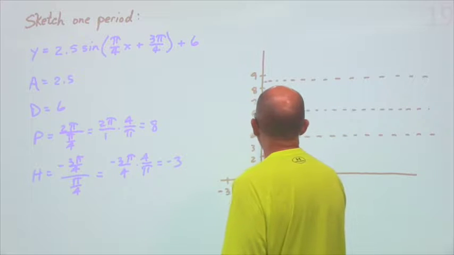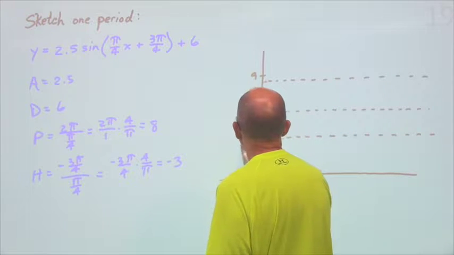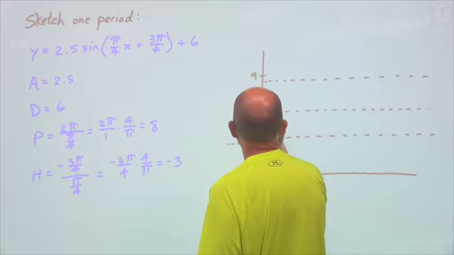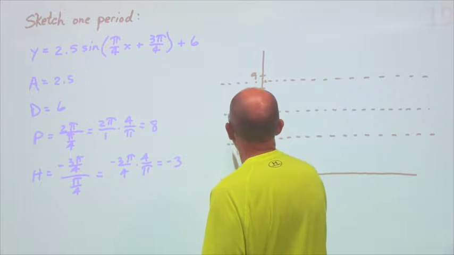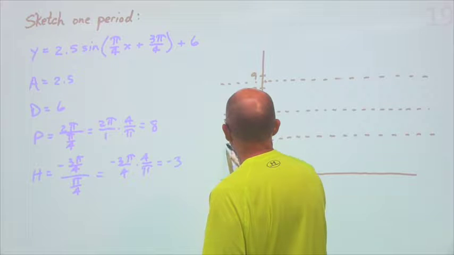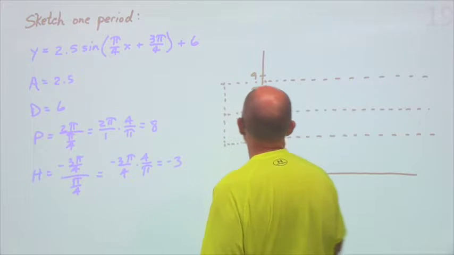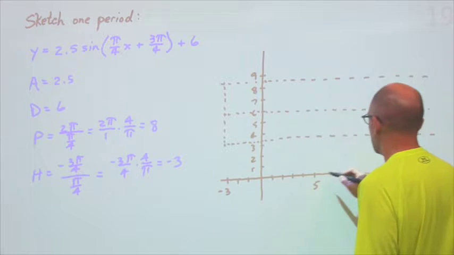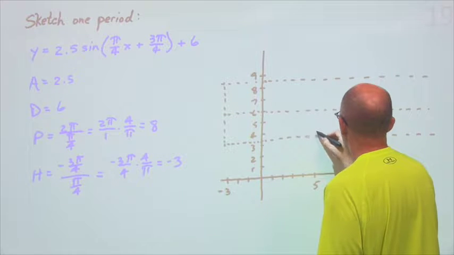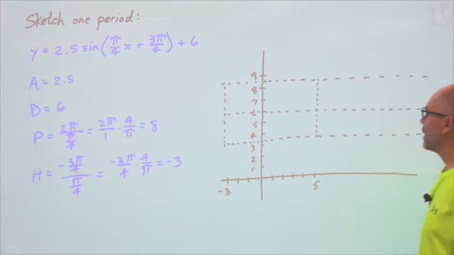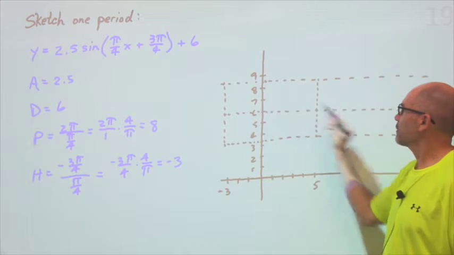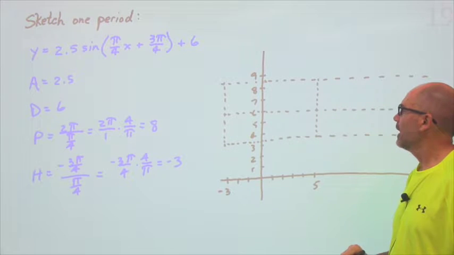Okay, so we're ready to make the left and right sides of our box at negative 3 and 5. So left, right, bottom, top.